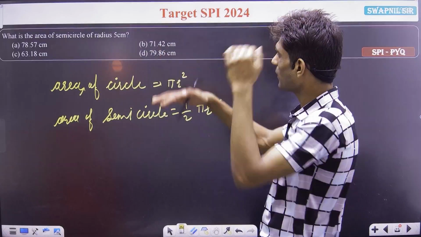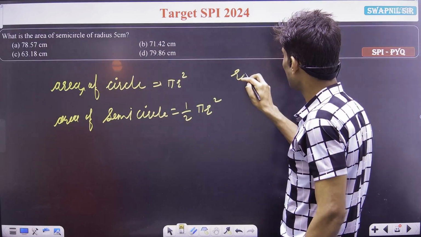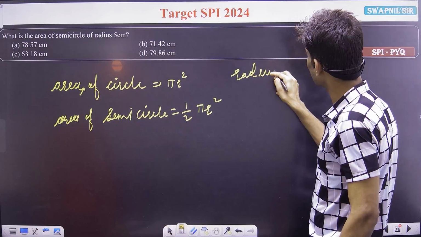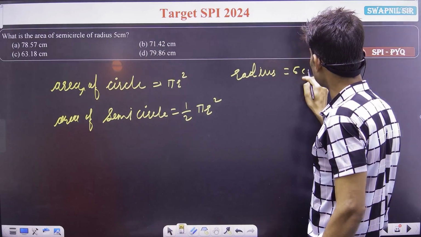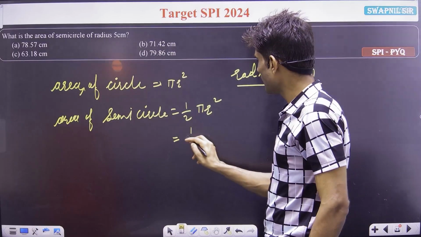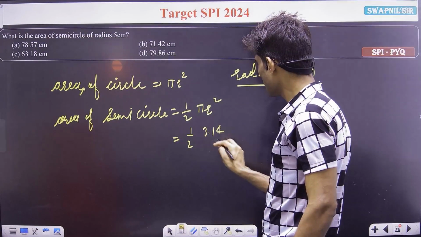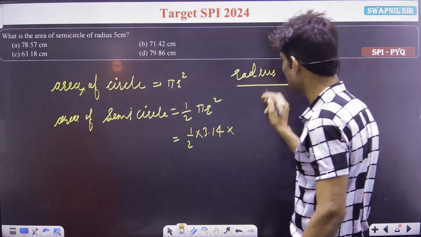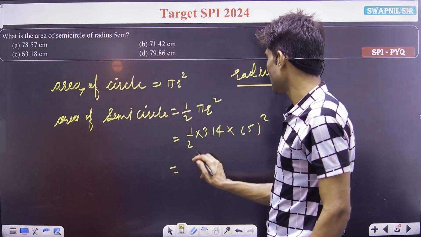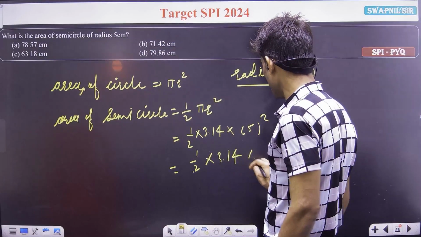Now we can see the radius is given, 5 centimeter. Then substitute the values: 1/2 into pi, we write 3.14, into radius square, that means 5 square. Then we write 1/2 into 3.14 into 25.